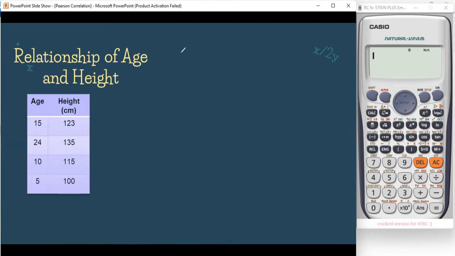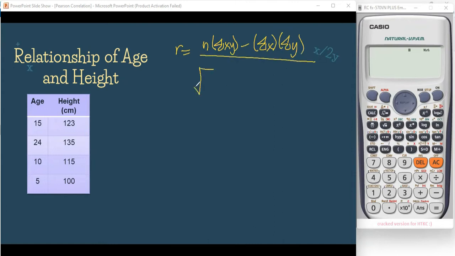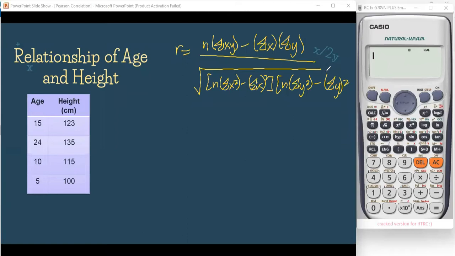And Pearson correlation uses the formula r is equal to n times the quantity, the summation of xy, minus the quantity, the summation of x times the summation of y, all over the square root of n times the summation of x squared minus the summation of x, times n times the summation of y squared minus the summation of y squared.